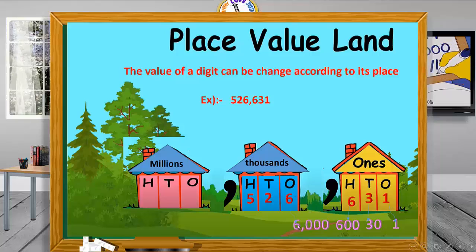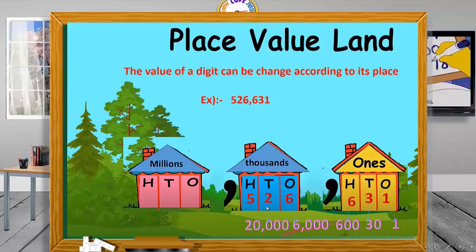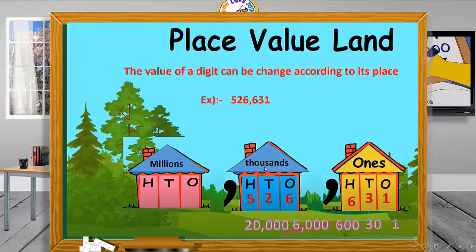Why? Because 6 is here and we have 3 digits, so instead of the digits you should put zeros. And what is the value of this digit in the tens place? It equals 20,000. If I ask you what is the place of this digit, you should say 10,000.